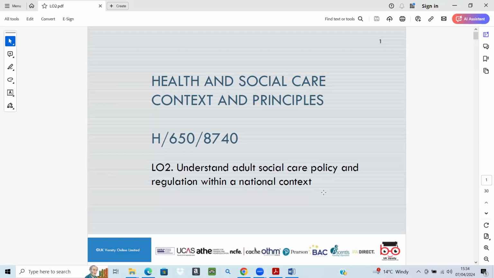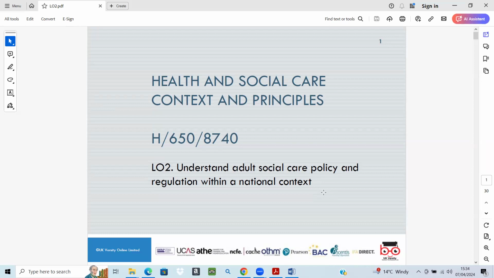They all work together. As an example of a national policy or framework related to adult social care, we can say the Care Act 2014, and there are others as well, like the Health and Care Act.